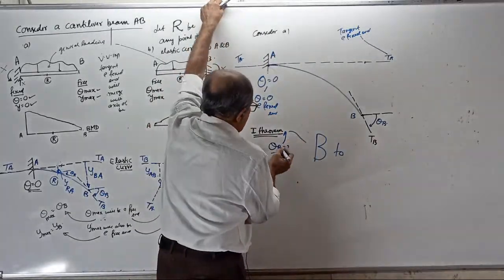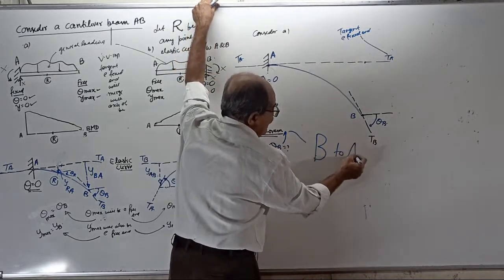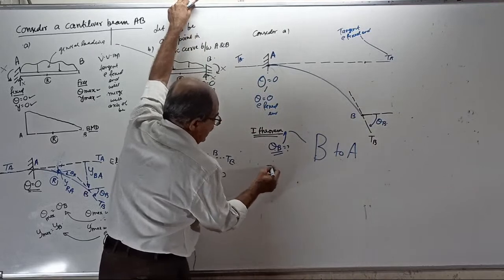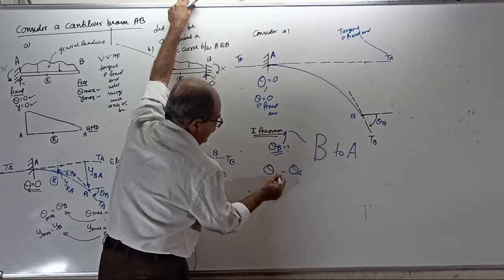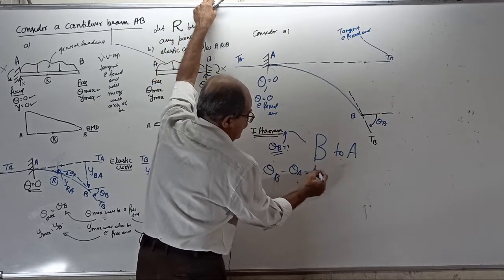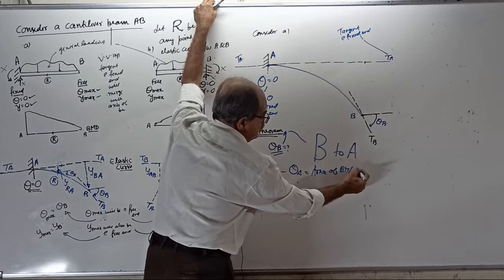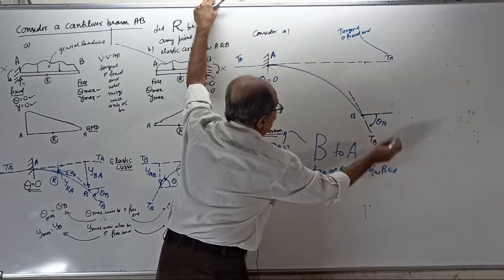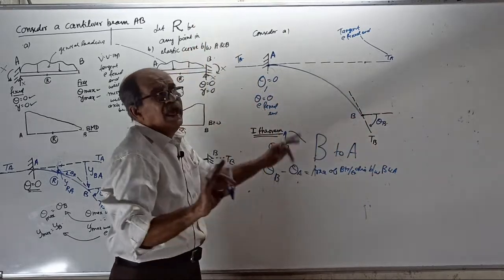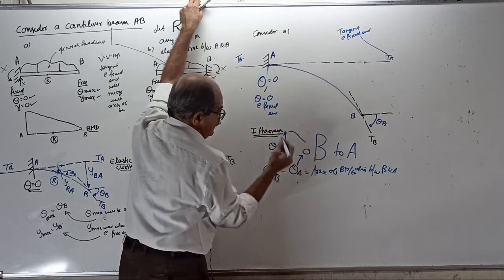So, if you want the slope at the free end, B to A, then theta B minus theta A equals the area of the BM by EI diagram between B and A. From B to A, the full area. Now remember, theta A equals 0.